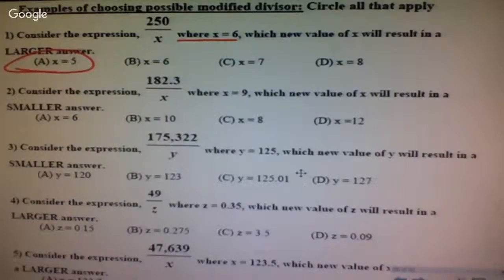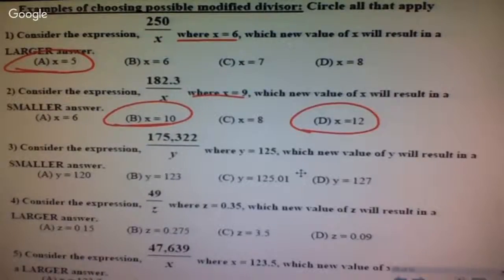If I want my answer to get larger, I need to divide by numbers that are smaller. So it's always opposite. So here, right now I'm dividing by 9. I want my answers to get smaller. So what choices can I use that will make my answers smaller? 10 and 12. Because again, in order for it to get smaller, I need to guess bigger.